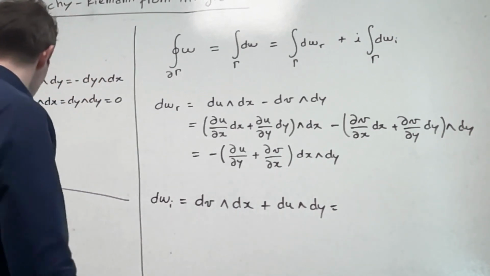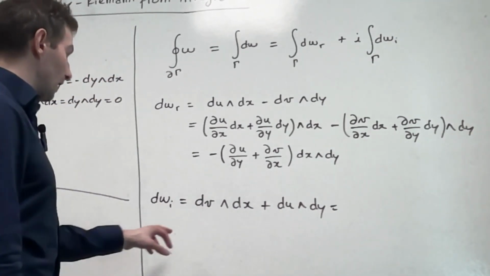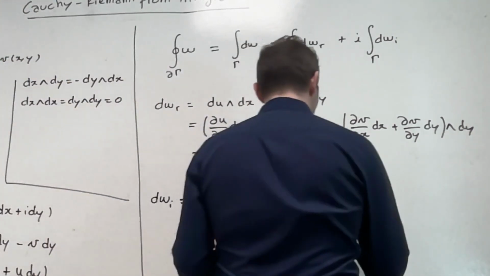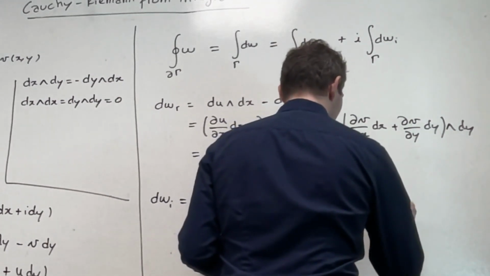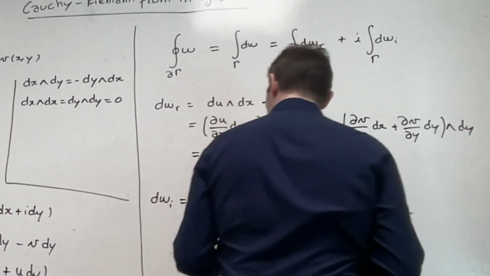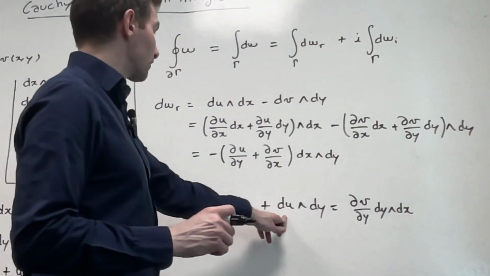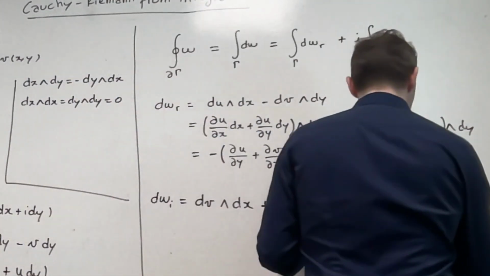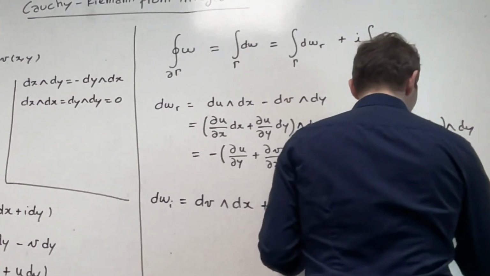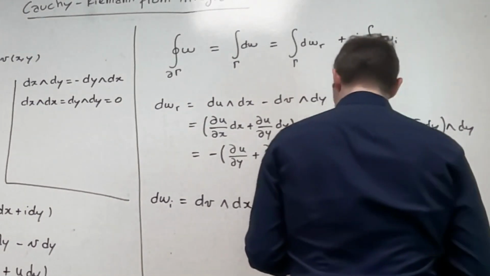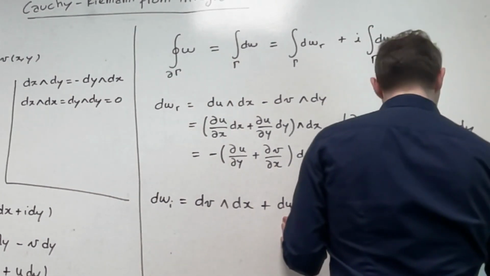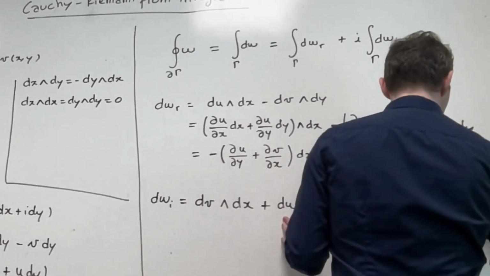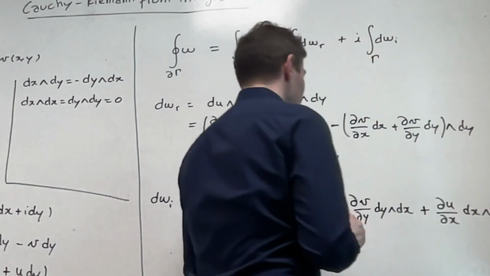So I'm going to get here simply directly dv dy wedge dx. Okay, and here I've got du dx, and then wedge dy, dx wedge dy.